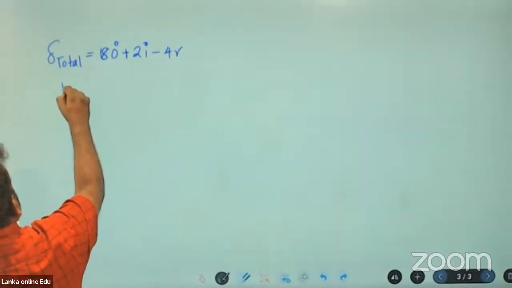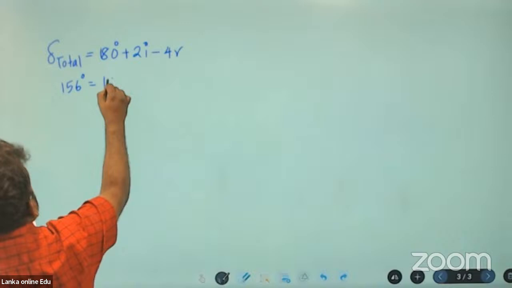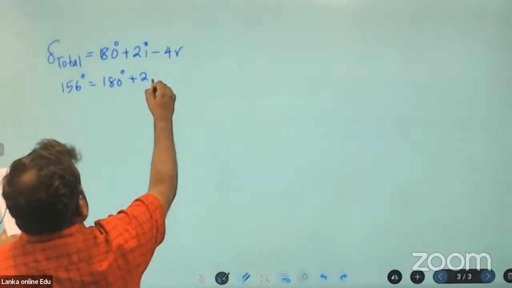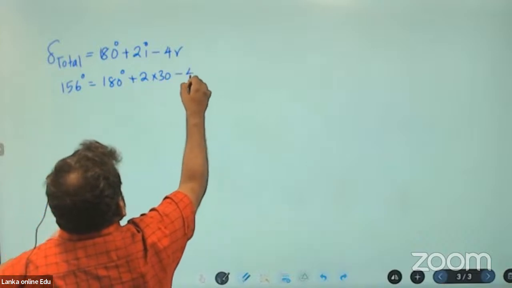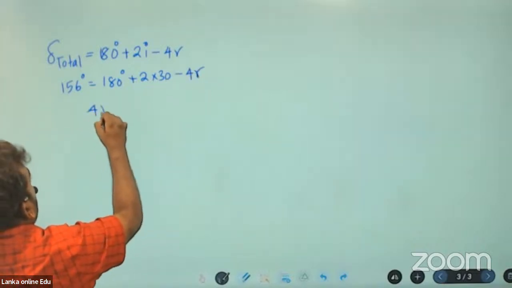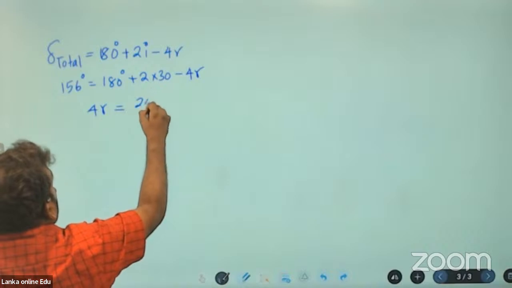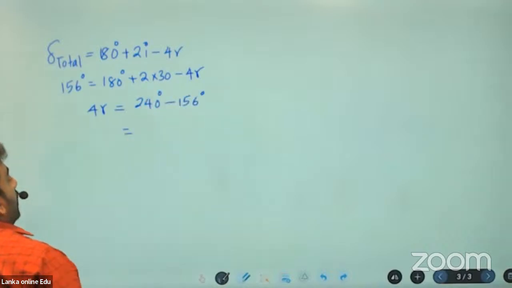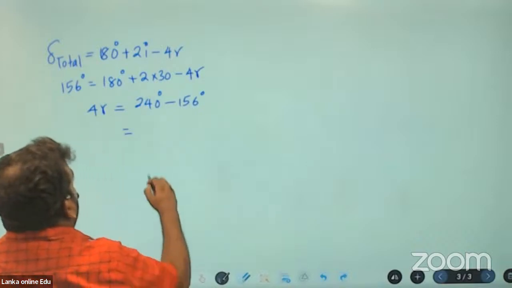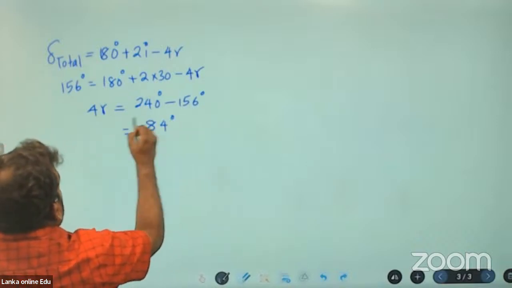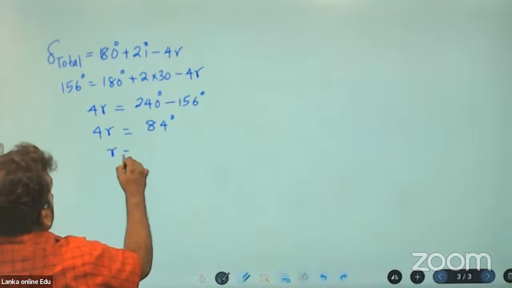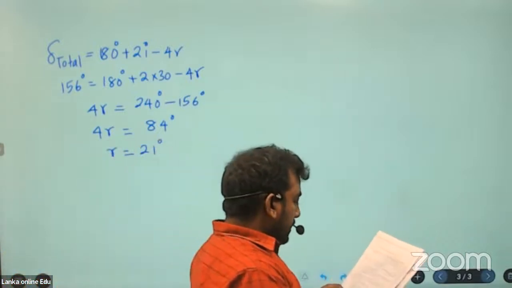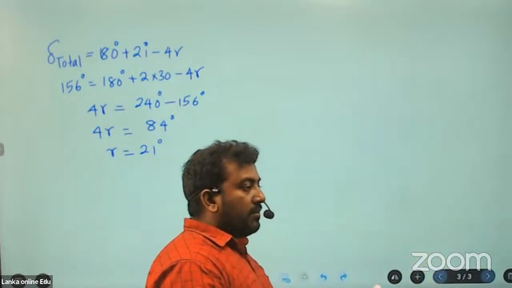Total deviation is 156. 2 times 30 is 60, so 4R is 240 minus 156, which is 84. 4R is 84, R is equal to 21. So R equals 21 found.